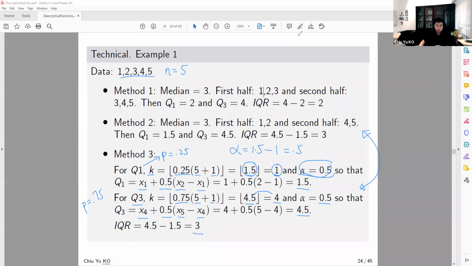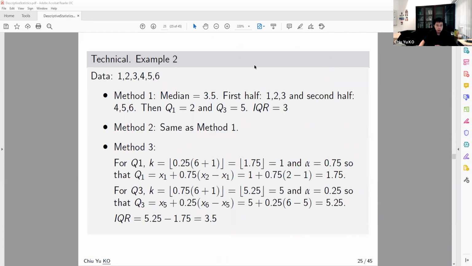Let's work out one more. So Q1 corresponds to p equal to 1/4, so we have 1/4 here. And n equal to 6, so I have 6 here. 7 times 0.25 is 1.75, and you round down to 1. The difference between 1 and 1.75 is 0.75. This is alpha, so alpha ends up here.